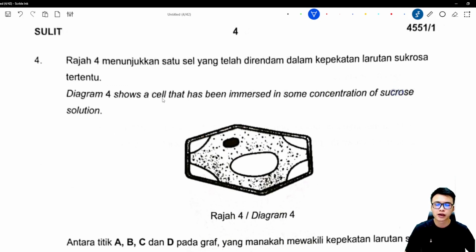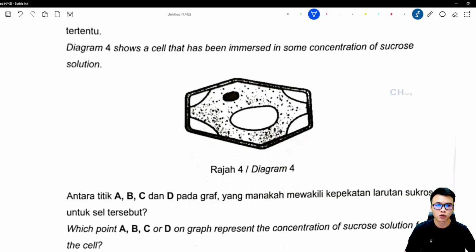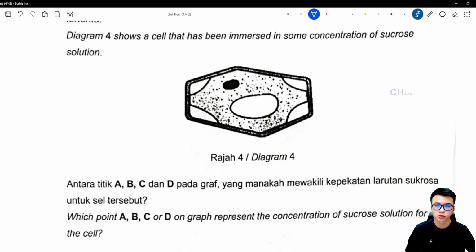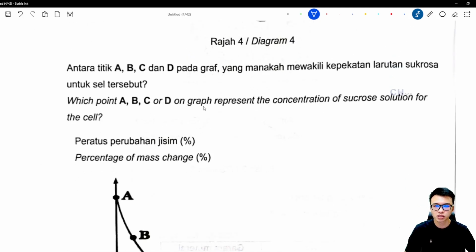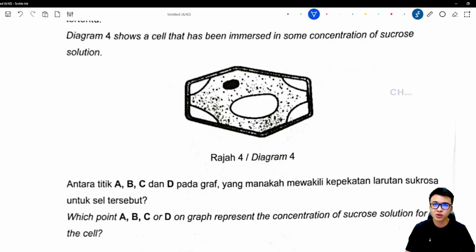Diagram 4 shows a cell that has been immersed in some concentrations of sucrose solutions. Which points A, B, C, D on the graph represent the concentration of sucrose solutions for the cell? Let's look at the diagram first. The diagram shows you that the plasma membrane is being pulled away from the cell wall into the middle. What happened?